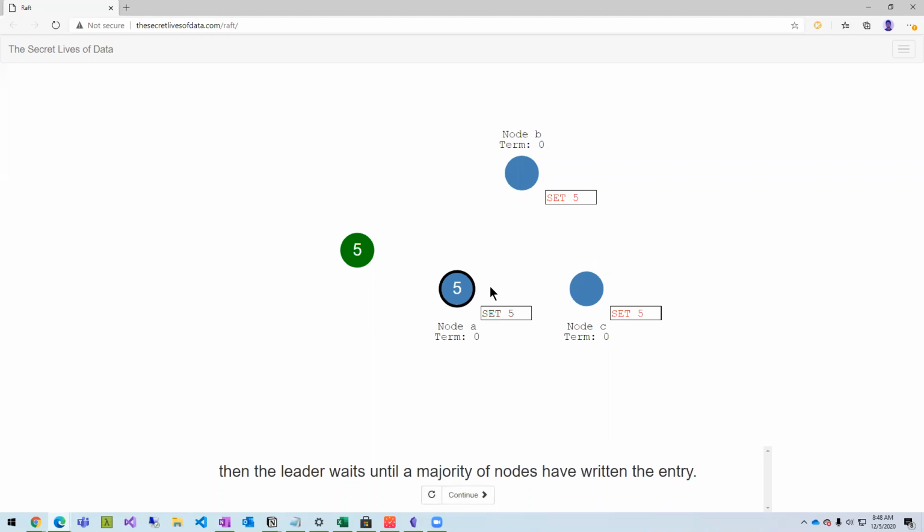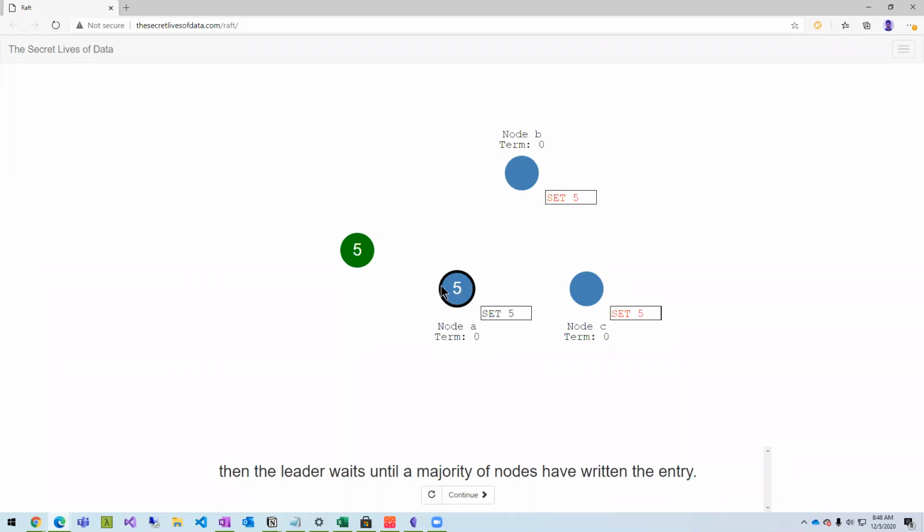Just to go over your point again: this set 5, it has sent these messages to these two nodes, and it has got yes from them, and it has set its value 5.